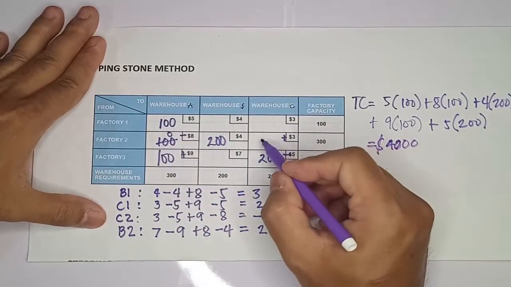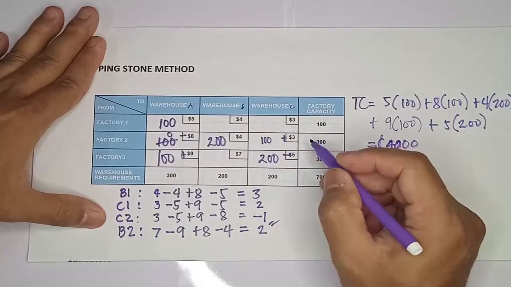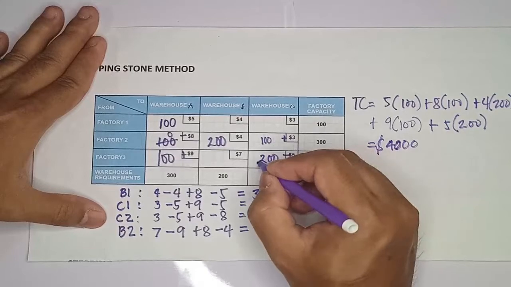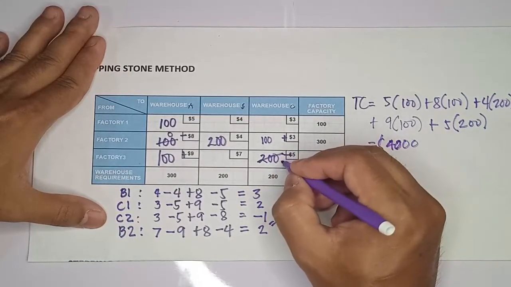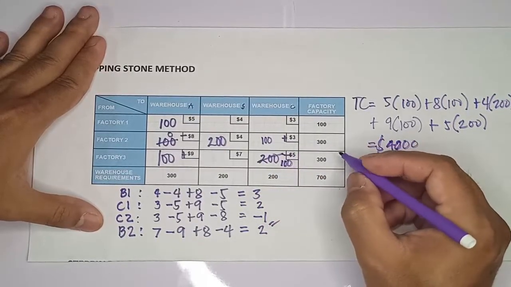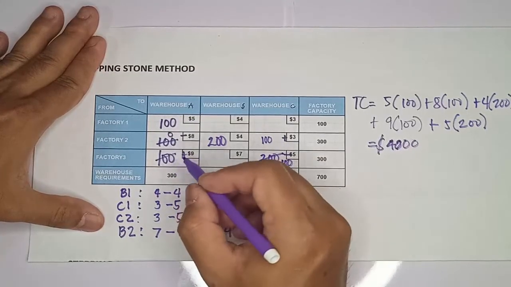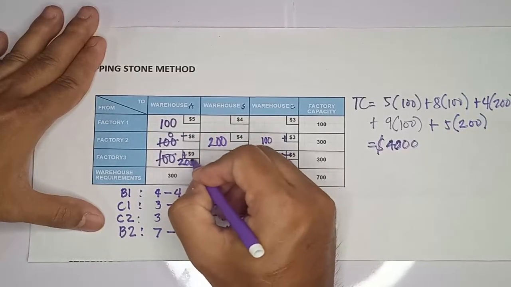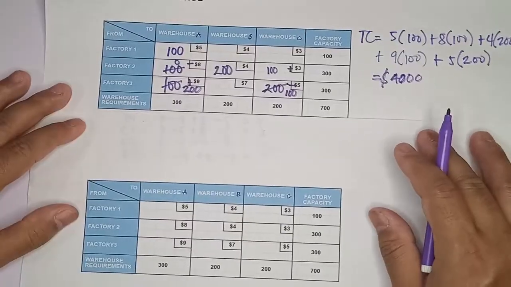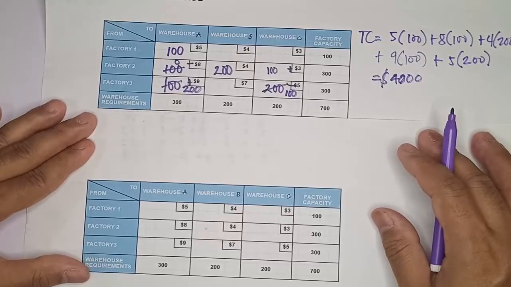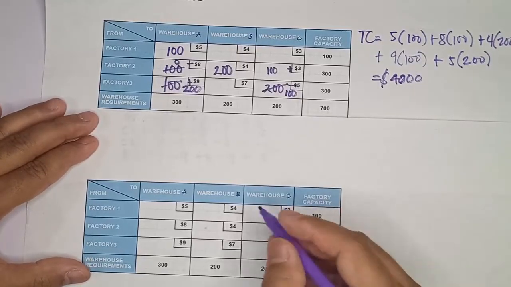This is a taker, we're going to add 100. This is a negative, it will give away 100 units, so the remaining is 100 units. This is a positive or a taker, it will take 100 units, it will become 200 units. Therefore, the third transportation tableau will have the following allocation.